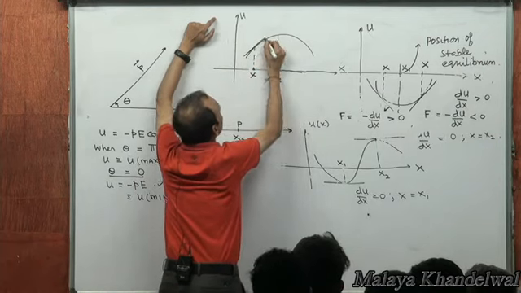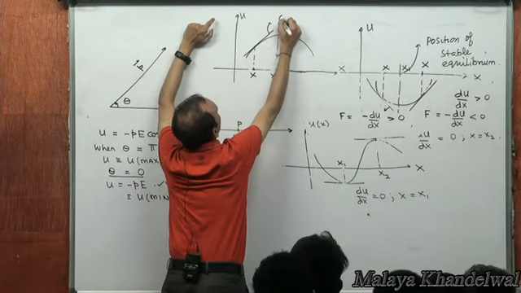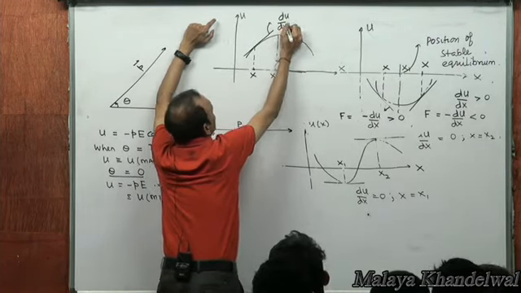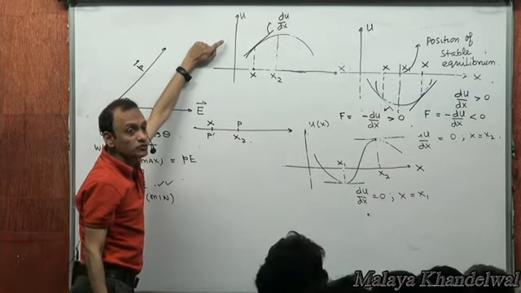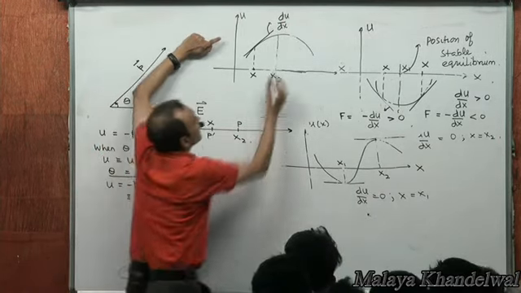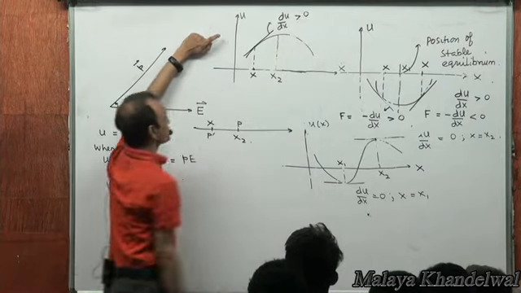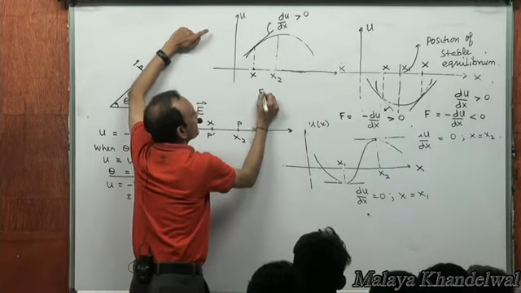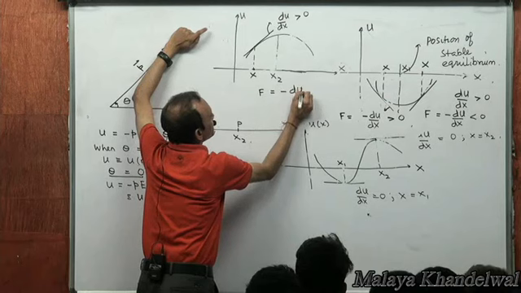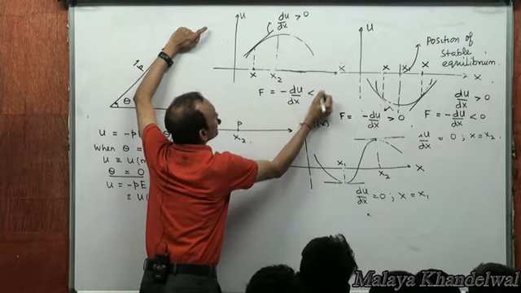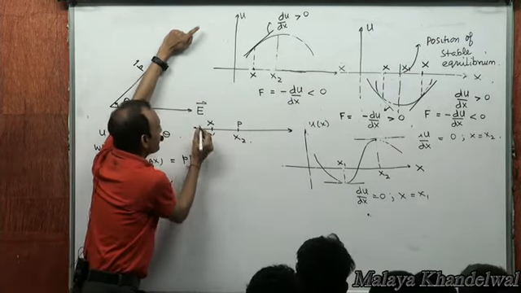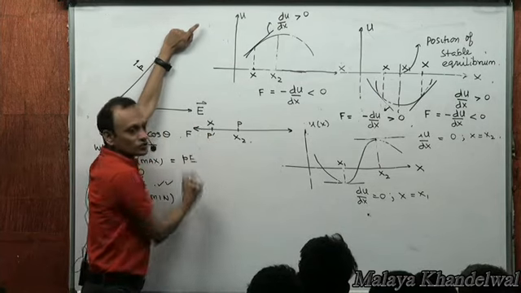Well, this would be my du dx. The slope of this line will be my du dx, right? Positive slope, du dx will be positive. And if du dx is positive, the force acting on the particle, which is minus du dx, will be negative. That means when I shifted it to the left, negative force means force acts to the left.